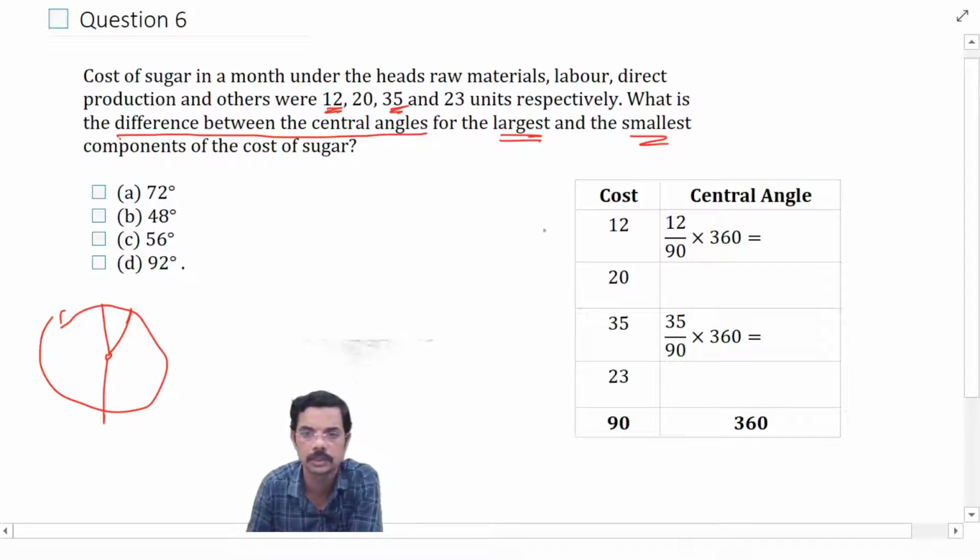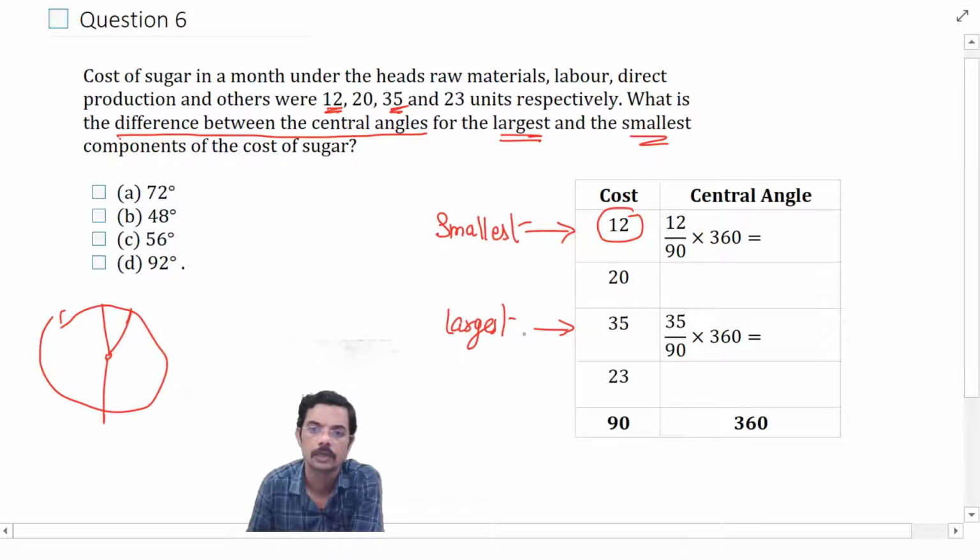So 12 is the smallest component, and 35 is the largest component. Therefore we need to compute this value. What is 12 by 90 into 360? 12 by 90 into 360 will be 48.